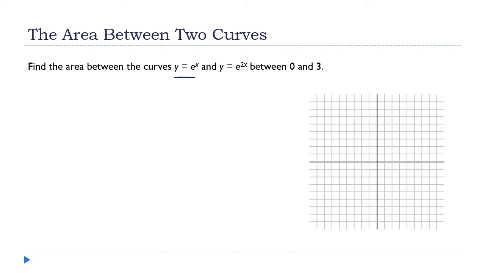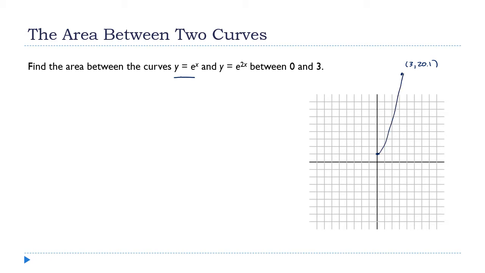I'm just going to do some points. If I put 0 in there, e to the 0 is 1. And if I put 3 in there, e to the third is 20. So it's an exponential function that grows super fast, right? It's up here someplace. This is 3, 20.1. And there is my y equals e to the x function.